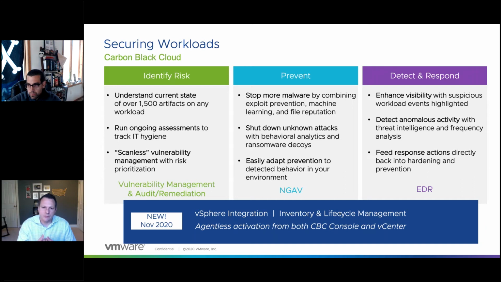And that can be done through vCenter, but it can also be done through the Carbon Black Cloud console. And Evan will showcase that as we get into the demo.